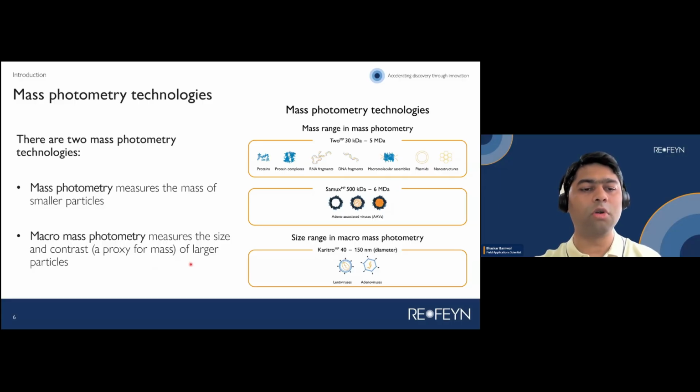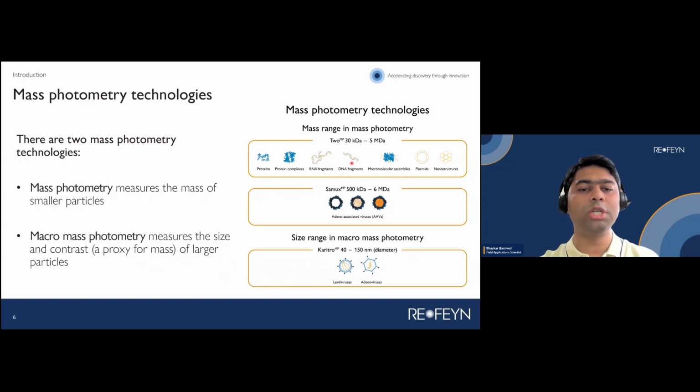These are basically for large particles such as adenoviruses and lentiviruses, apart from virus-like particles. The machine based on macro mass photometry is CaRiTro-MP, which ranges from 40 to 150 nanometers in diameter. Today we will not be talking about this one. We'll be majorly focusing on mass photometry.